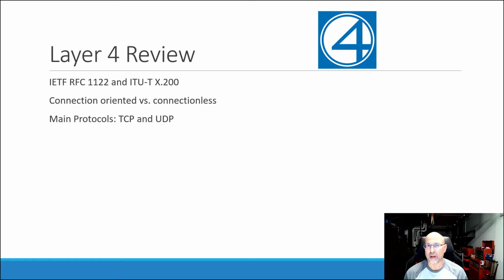We talked a little bit about where our ideas come from, these important documents, RFC 1122 and 1123, and ITU-T X.200. We also reminded ourselves a little bit about what connection-oriented versus connection-less means. Now, the two main protocols that we see at these layers are TCP and UDP. And in the second part of this video, we will talk specifically about the client-server model.